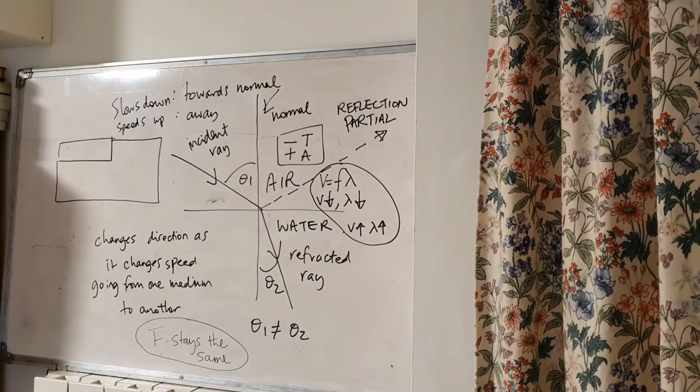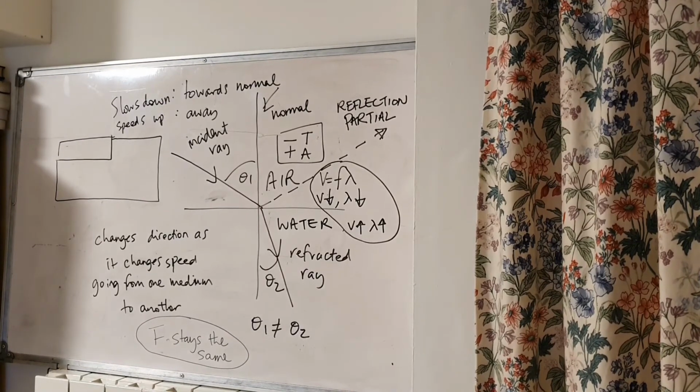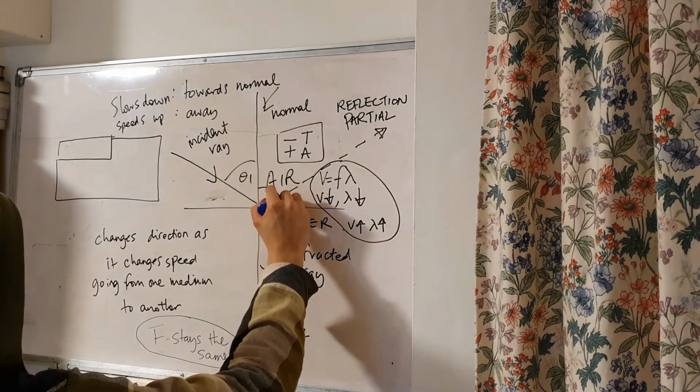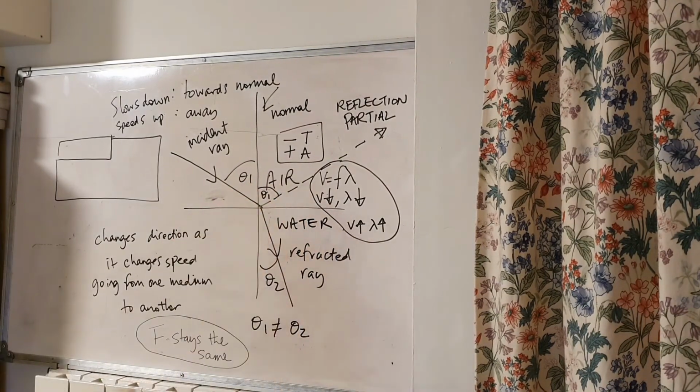Now, theta 1 should equal theta 1. I haven't drawn it accurately. And there's always going to be partial reflection.